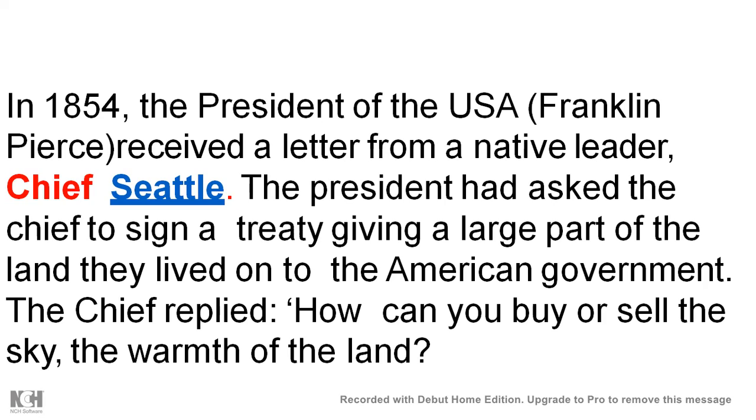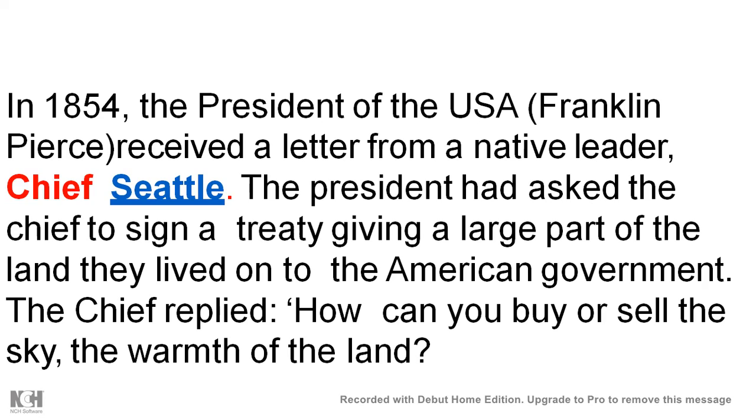So when the great chief in Washington sent word that he wishes to buy our land, he asked much of us. The great chief sent word that he will reserve us a place so that we can live comfortably. He will be our father and we will be his children.